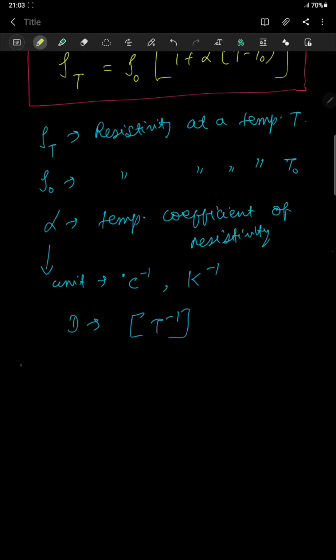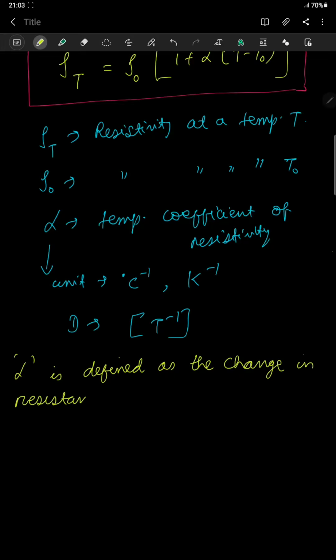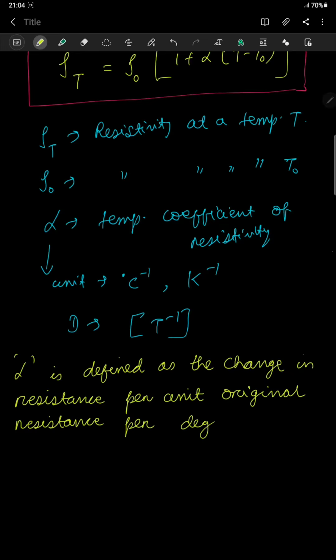Okay. So alpha can also be defined as the change in resistance per unit original resistance per degree rise in temperature.